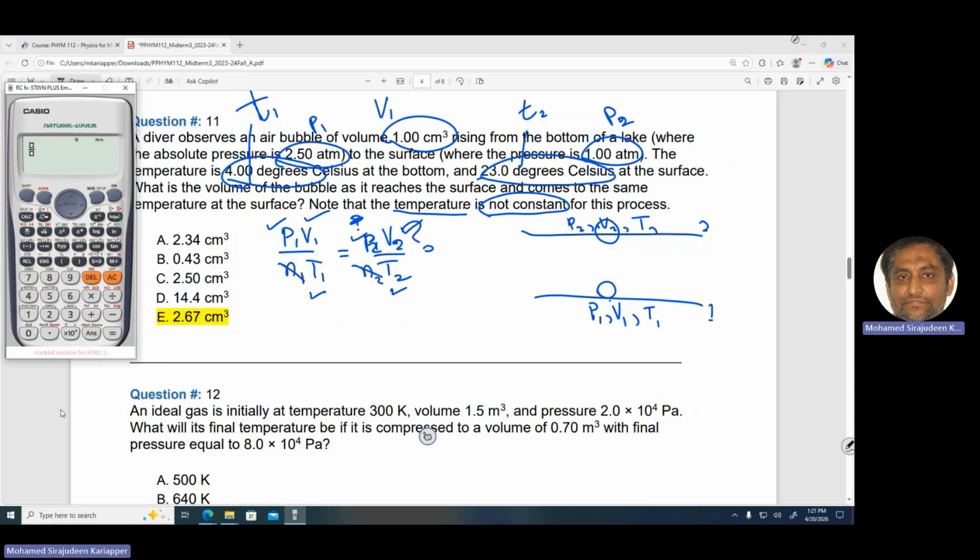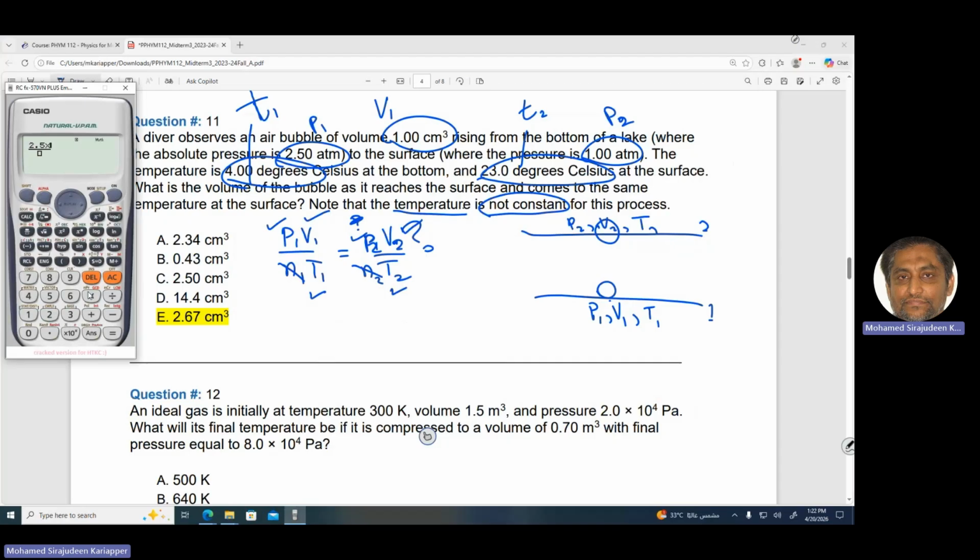Temperature is not a factor, it is a subtraction or addition. So P1 is equal to 1 atmosphere multiplied by V1. Again the same thing. It is in centimeter cube. I don't bother. Oh, I'm sorry, bottom of the ocean. It is 2.5.